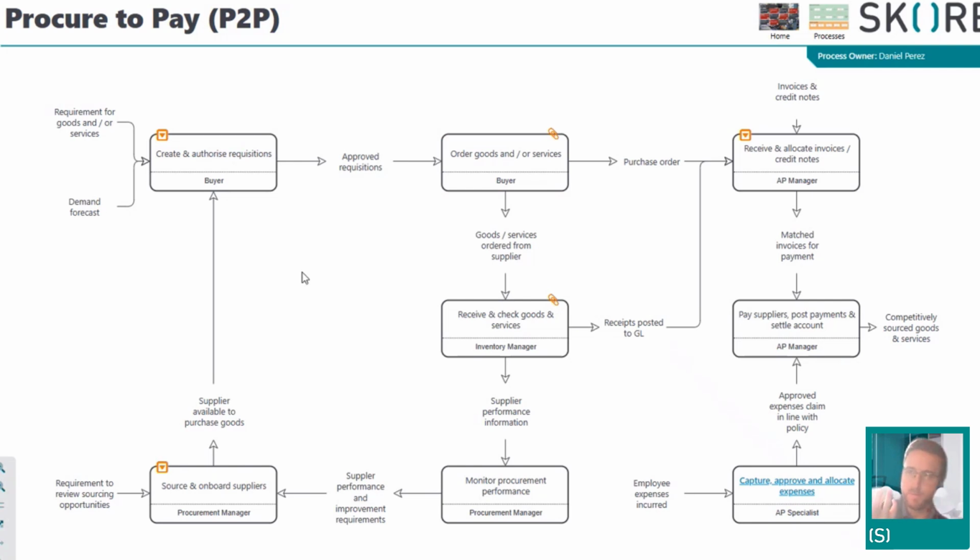So those owners need to have that forum and that ability to engage with each other, because they might be looking at problems in their own processes that are caused by processes before, or they might be looking at processes or changes that are going to have an impact downstream. So having that communication between process owners is hugely powerful, hugely critical in the ongoing success of the process improvement.